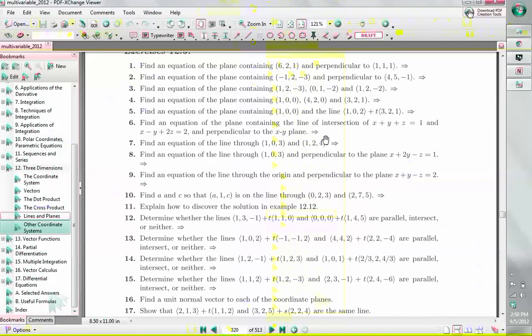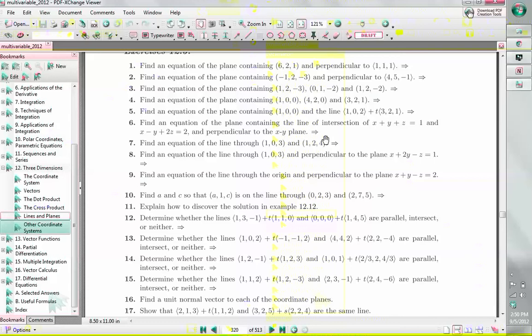If the plane contains the line, then the direction of the line is parallel to it. So we've got this guy, and the z-axis is parallel to it. And it also happens to contain the line of intersection of these other two planes. That's also a parallel direction. So here's a parallel direction, and here's a parallel direction. Once I get those two parallel directions, I cross product, and I've got a normal vector. And that's going to tell me how this thing is oriented.